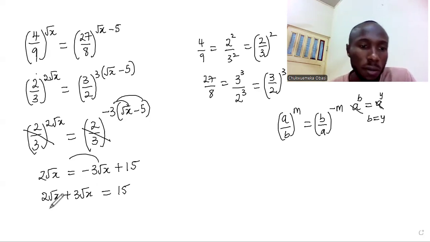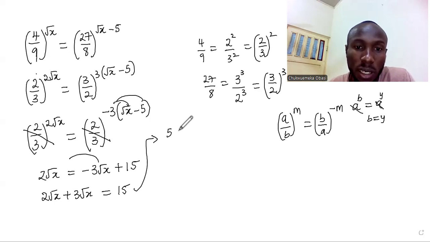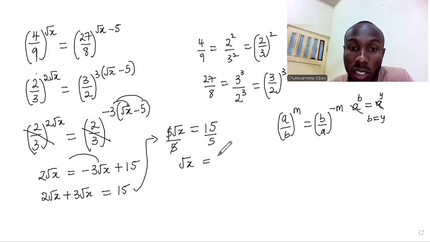So from here we have 2 root x plus 3 root x, that's going to give us 5 root x. That becomes 5 root x is equal to 15. Now divide both sides by the coefficient of root x, which is 5. So we have root x is equal to 3.